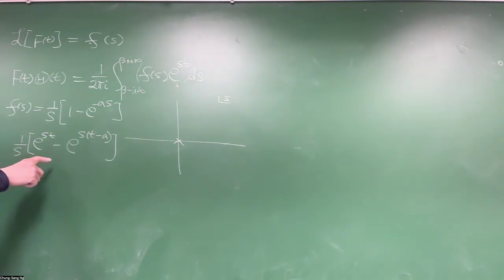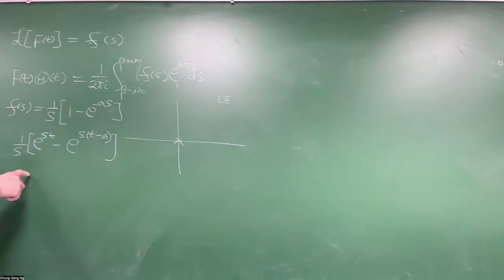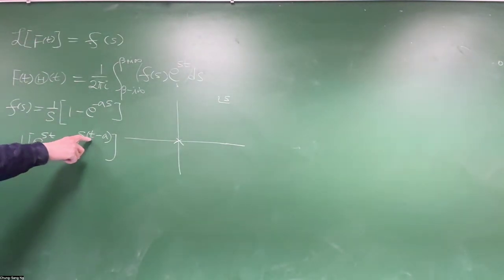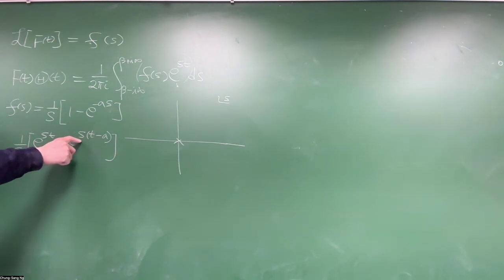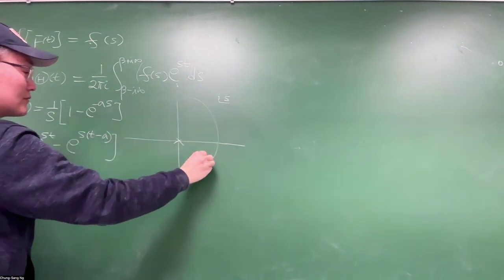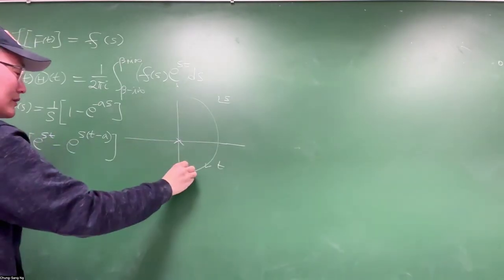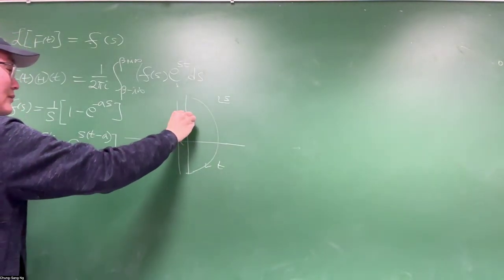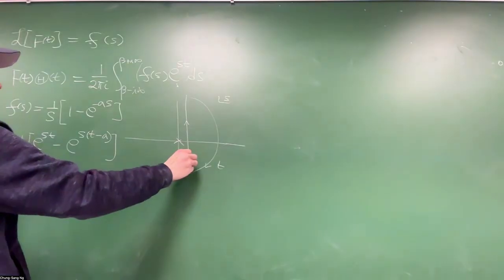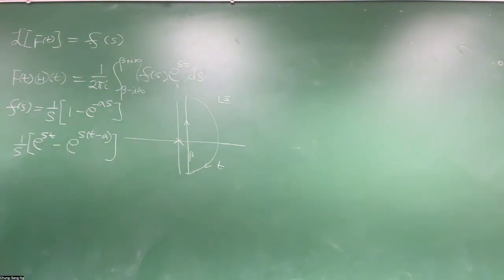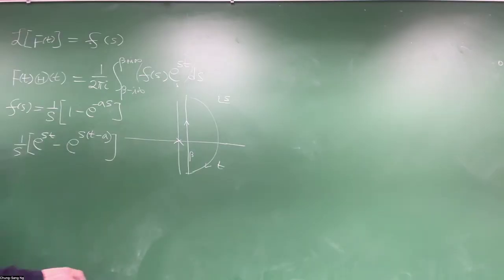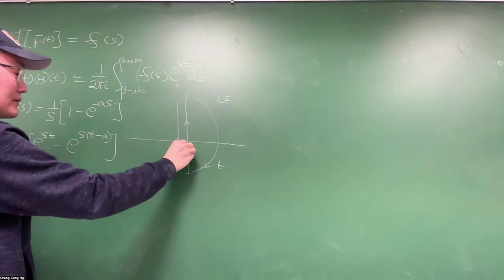Now for negative t, this term obviously you can close on the right. And for negative t, both are negative, so it's still negative. So you can still close it with real positive s. So you can still close this one. Choose a beta to the right of the pole, which is any positive value of s. Okay, this value is beta.